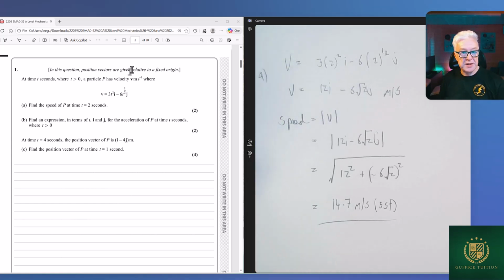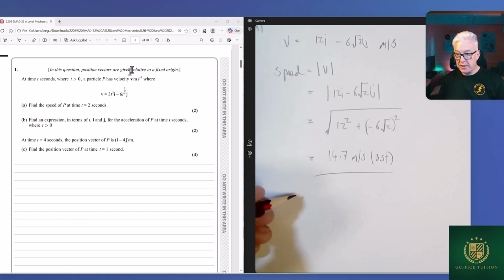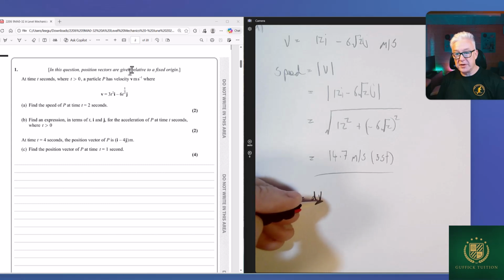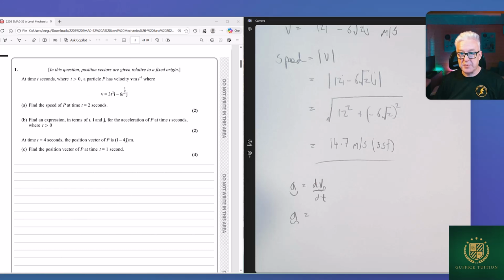We've found our speed. Now part B, it says find an expression in terms of t, i and j for the acceleration of P at time t seconds, where t is greater than 0. So we've got to remember that our acceleration is equal to the derivative of our velocity with respect to time. So we're going to need to differentiate our velocity expression. Okay, what's our velocity expression?